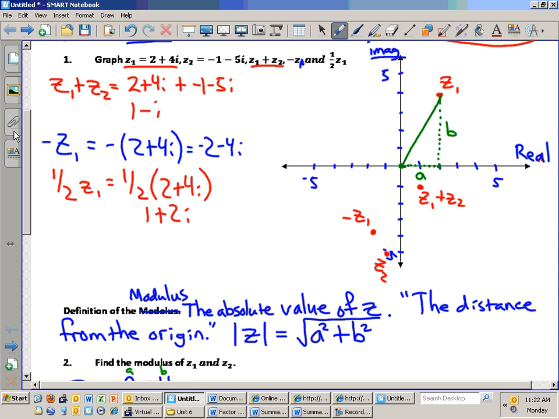No, we don't have to graph it, but that's what it is. 2 square roots of 5. It's that length right there. That length is 2 square roots of 5. So that's the absolute value of it.